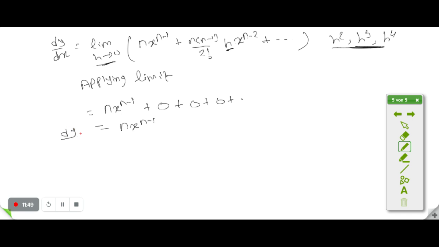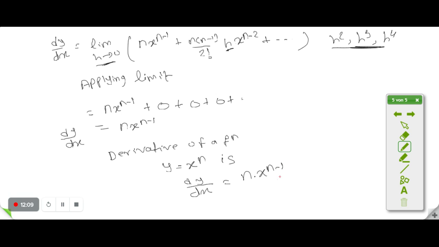And this is what? This is the derivative. So what we conclude is the derivative of a function y is equal to x raised to n is dy/dx is equal to n into x raised to n minus 1.